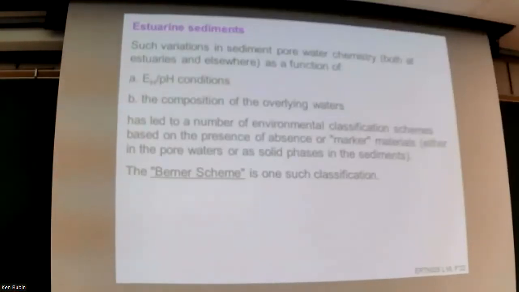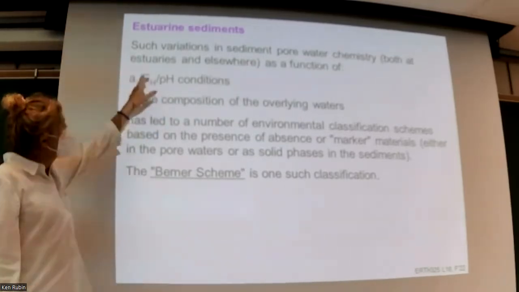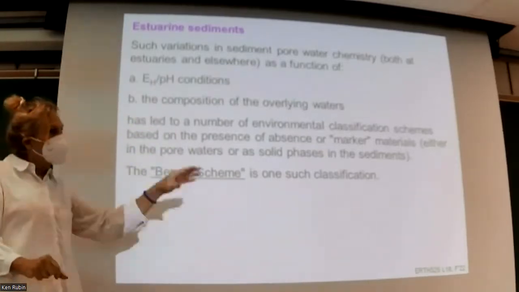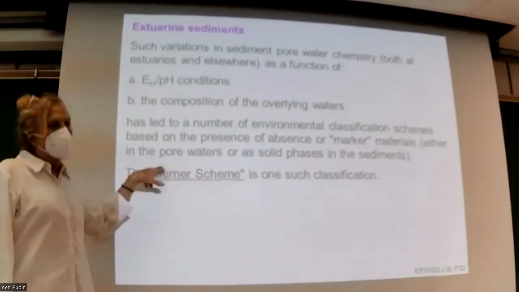And one of these ways of looking at authigenic phases, minerals that are produced on site, as a function of variation in conditions, especially in EH and pH, as well as the overlying water composition, fresh water, salt water, some mixture thereof, is this thing called the Berner scheme.